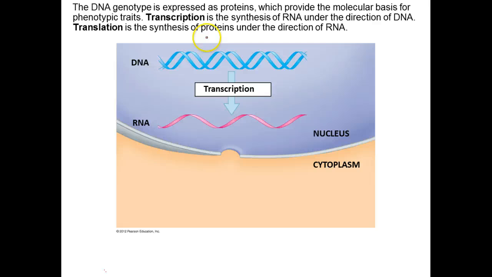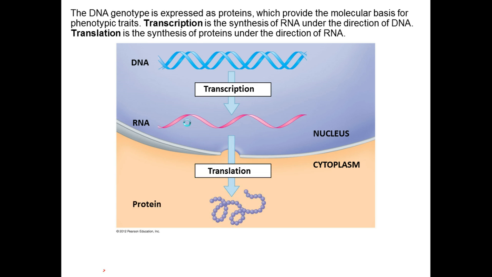So that process from DNA to RNA is transcription. And then once I've got my recipe down, I'm going to go out to my kitchen and make my dish. And so here the mRNA has instructions, and here we are making protein at the ribosomes.